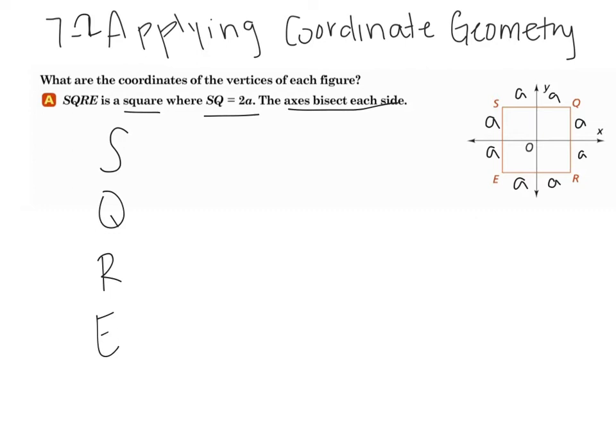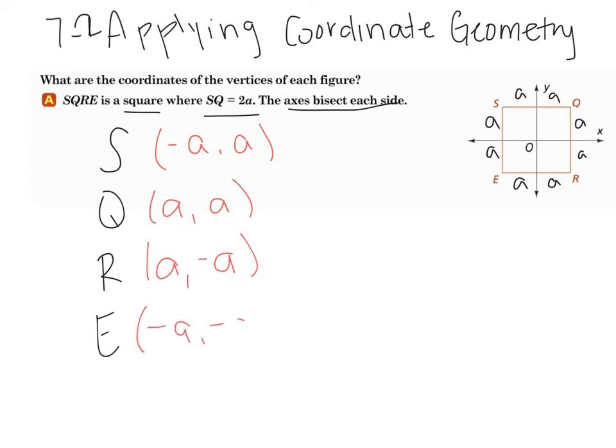So when we write the ordered pair for, say, S, it's going to be negative A, and then positive A. Q is going to be positive A, positive A. R is positive A, negative A, and then E is negative A, negative A. And again, the positives and negatives come from the location in the graph that the point was at.